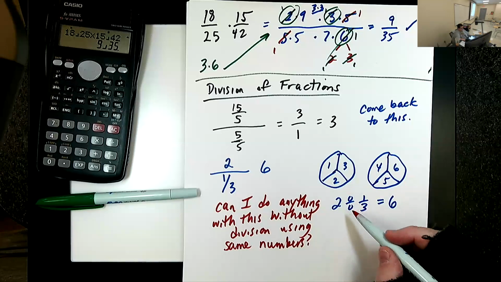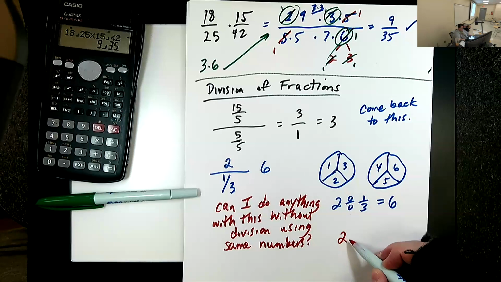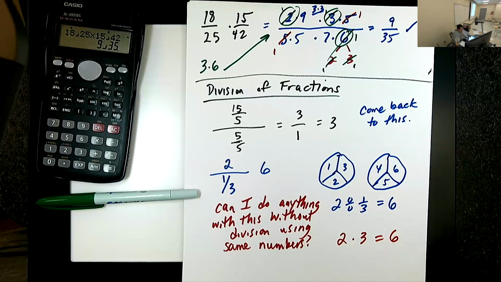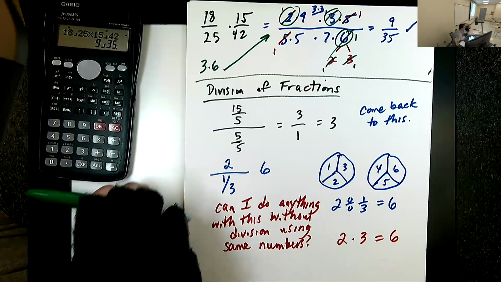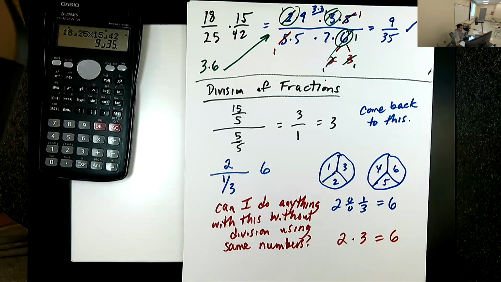I could multiply the 2 by the 3, right? I could say 2 times 3 equals 6, right? That makes sense. That's exactly how division by fractions goes. What we do, this is really 3/1.